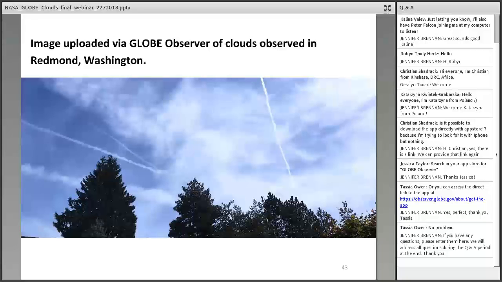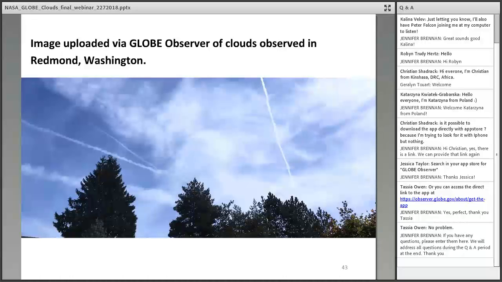So in addition to the measurements that users will submit with their cloud observation, they also have the option of submitting photos. These are very useful for us because they not only provide some validation for the user's observation, but it's a great way for us to look through the Globe visualization tool at the images submitted from around the world.